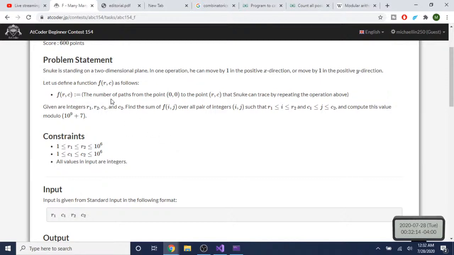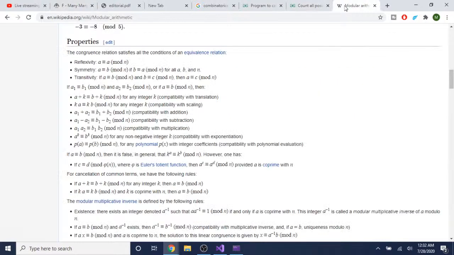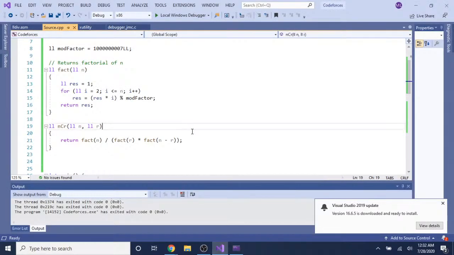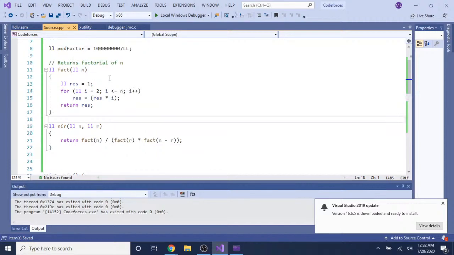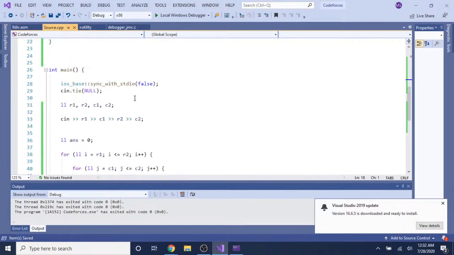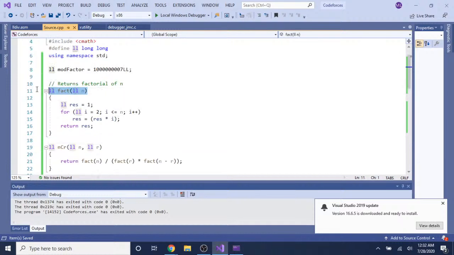What is the max factorial you could pre-compute up to? Can you pre-compute factorials up to 10 to the 6th? I'm going to try something. Let's go back to this and see how long it takes for factorial if I run it 10 to the 6.